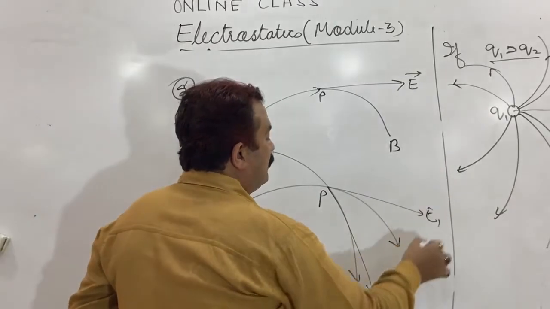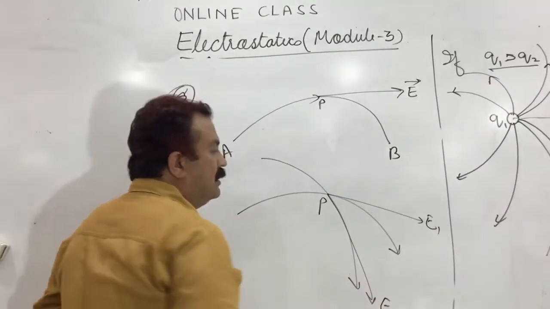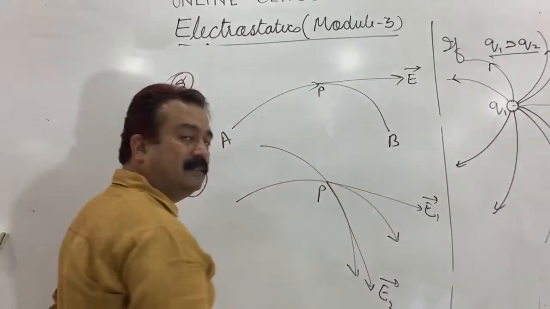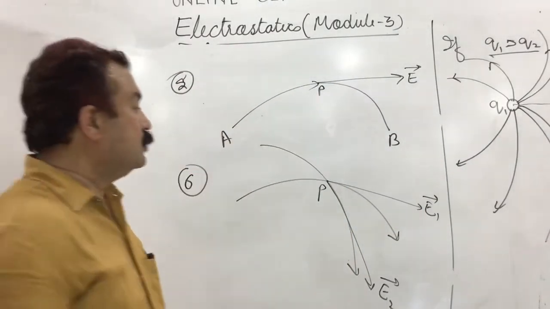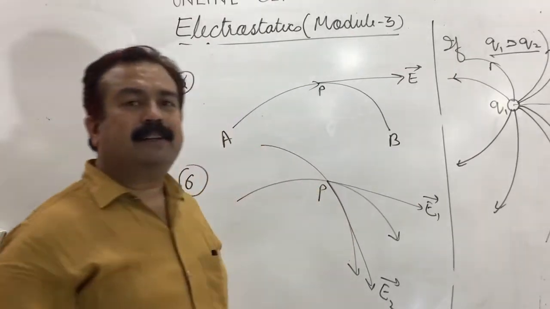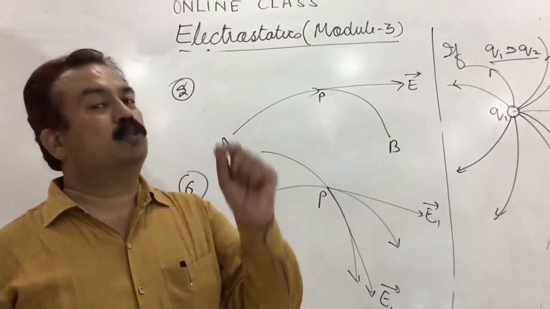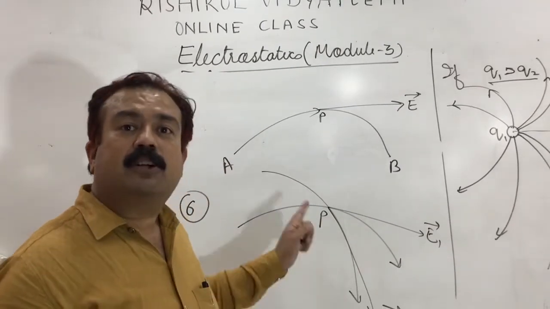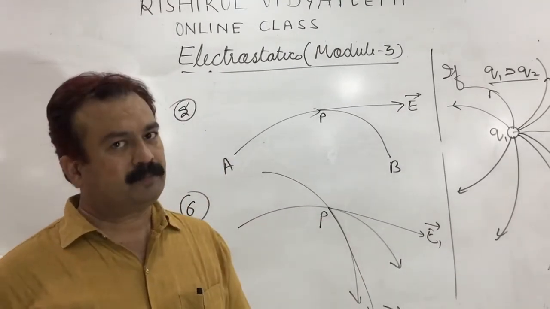It means at one point there are two different directions of electric field, which is impossible, as I already told you. So it means two electric lines of force can never ever cross each other.